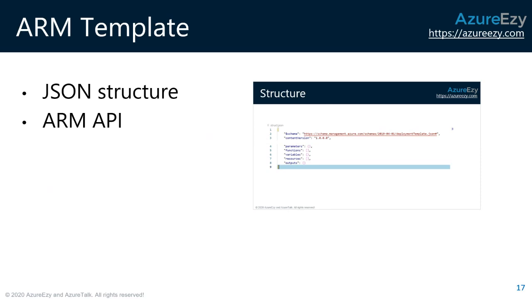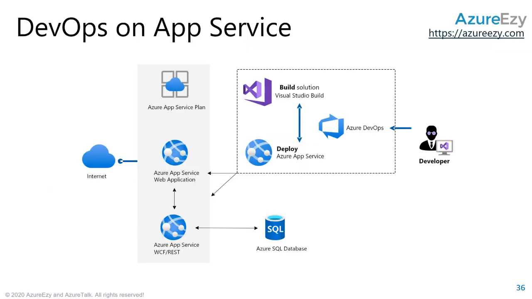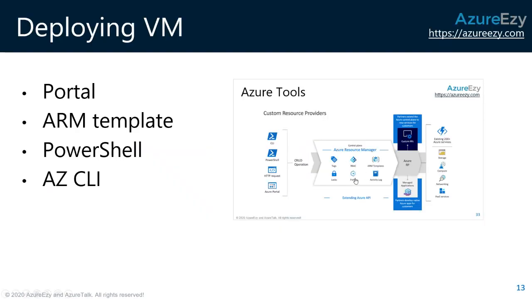It works on the ARM API level. You deploy your ARM template using an ARM API connection. We already saw that in a diagram where we saw how the communication happens. Oops, it's the wrong slide. Yeah, this one.